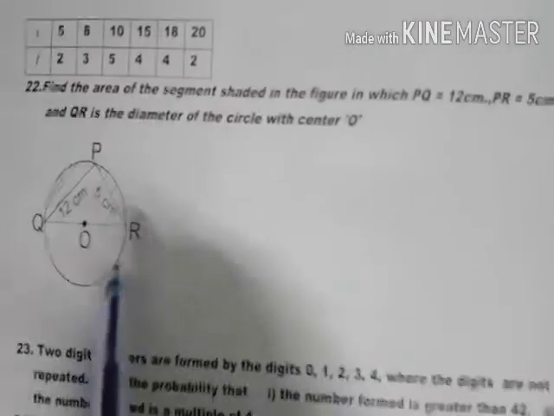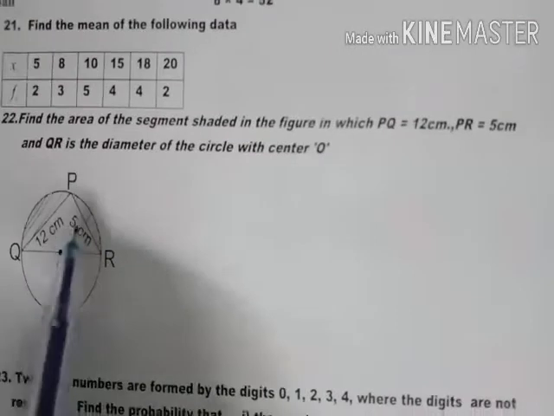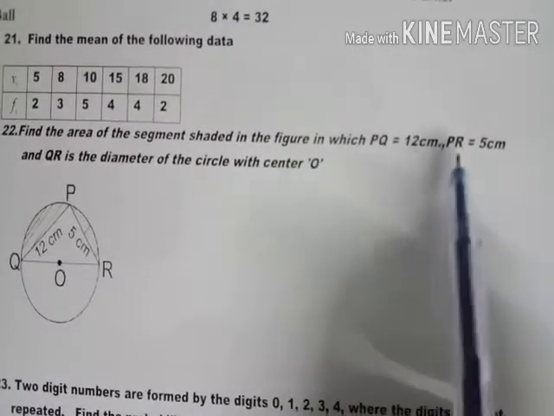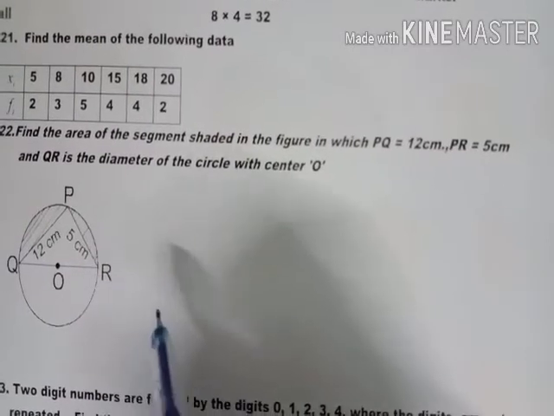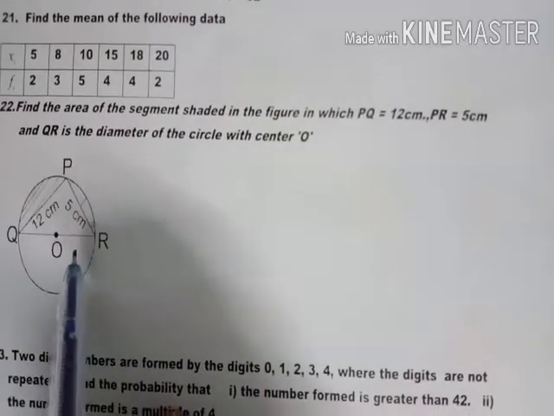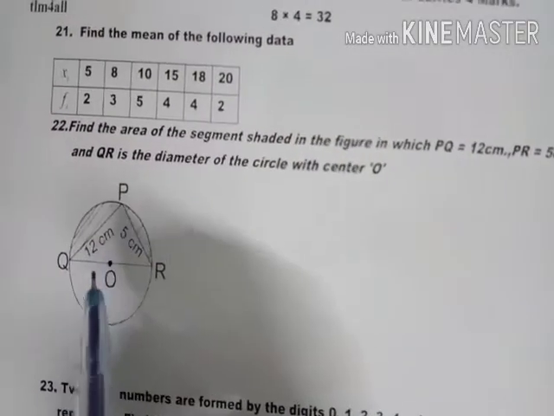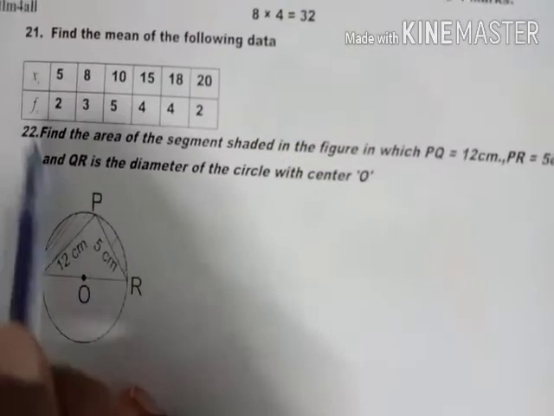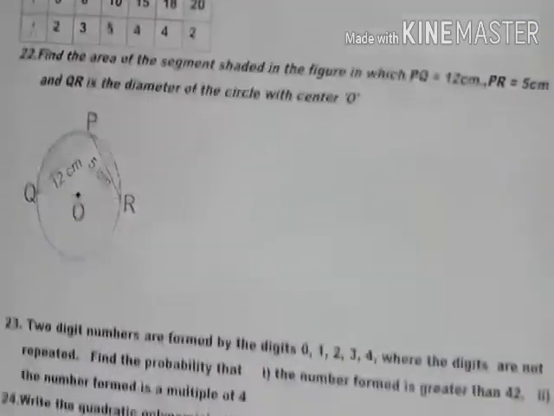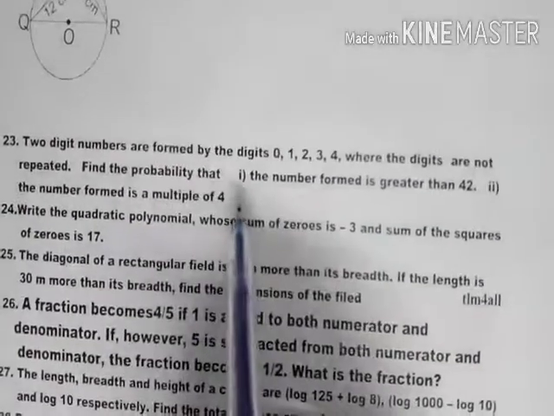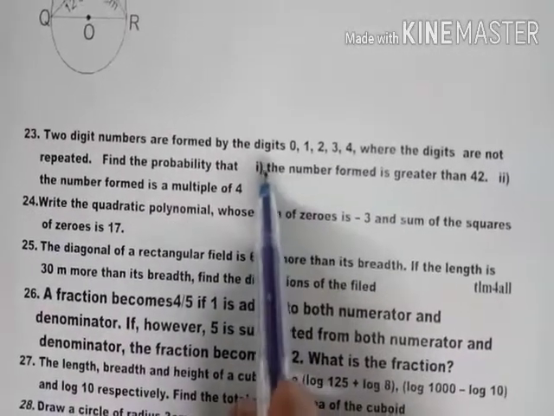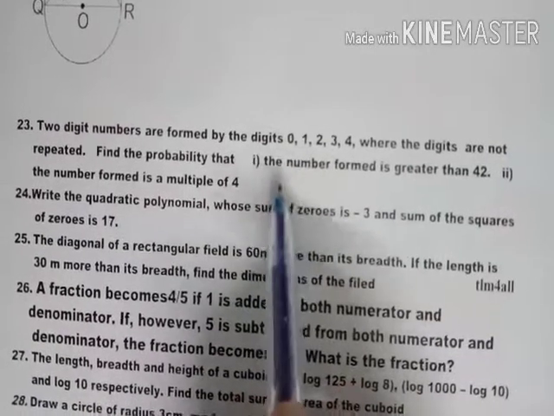And the 22nd question we have a question in tangents and secants, which is a very important question in this chapter. So you need to concentrate very hard for this question. And 23rd question, which is in the probability, you can solve very easily, right?